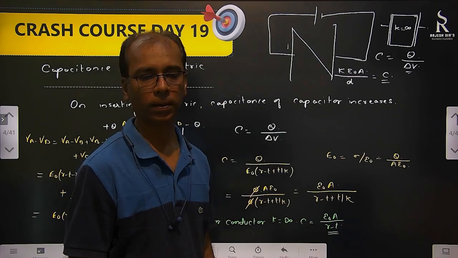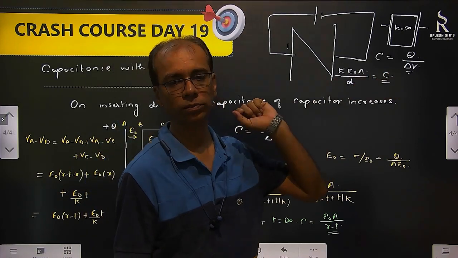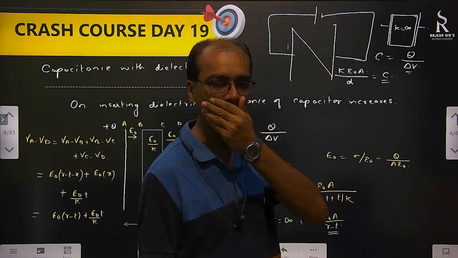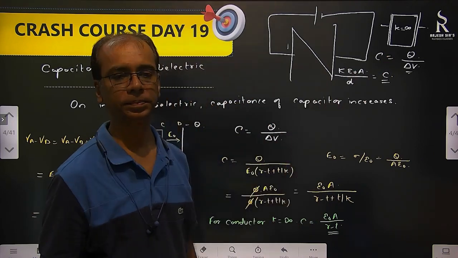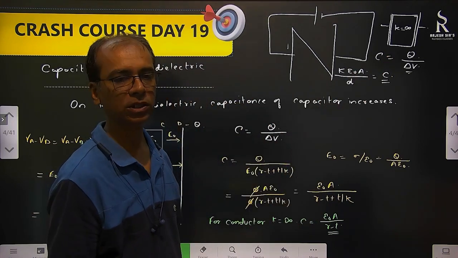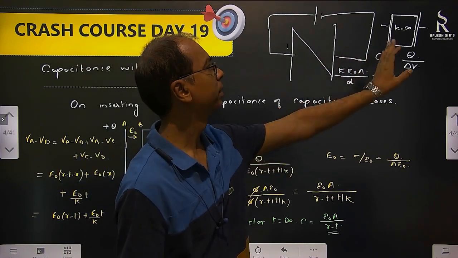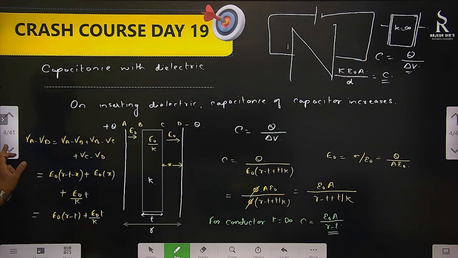No charge is stored. What is the potential difference? Zero. That's how much C equal to infinity. Potential difference will be zero because both are neutral. No one is having any charge. So this and this are very much similar. Remember that. Okay. All right.